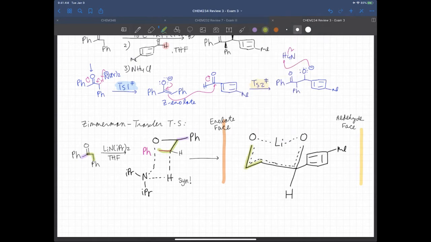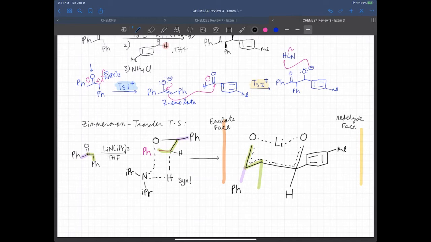This is the bond in green, which means I need to draw a substituent down. And then the bond in purple is going to end up here. Oh, sorry, down, because it's down. So this here would be the phenyl group.